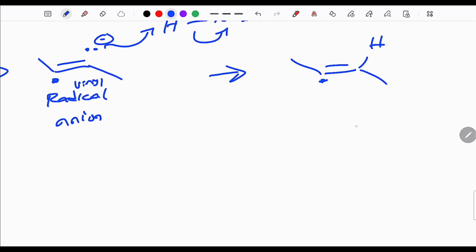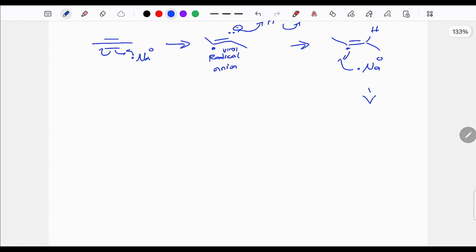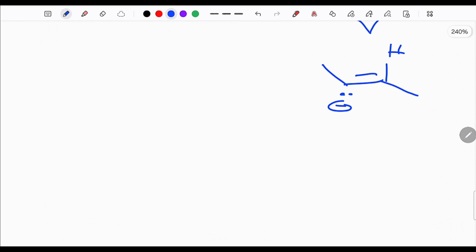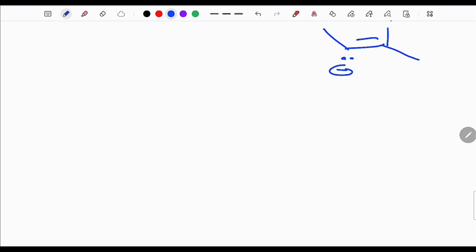And so now another sodium is going to come in, and it will do that. Although, if you would like, we could actually show it like that. And that would produce for us another carbanion. This time it's just a vinyl anion. There's no longer a radical, right? Because we solved that problem. So again, it's a vinyl anion.